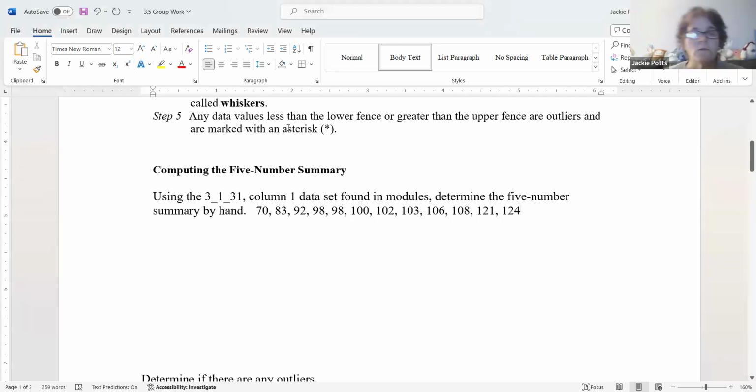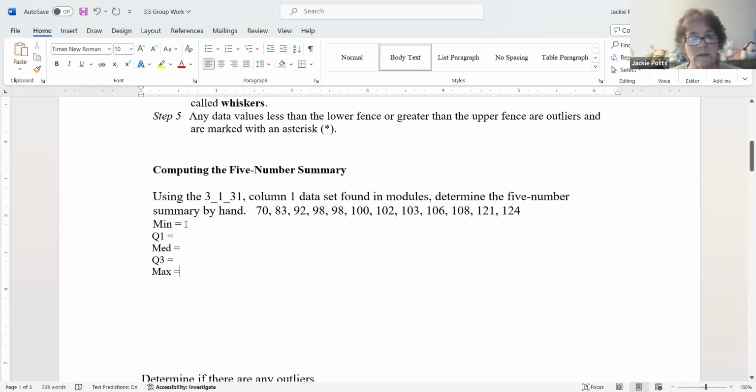All right. So remember how we determined the median? Because the 5 numbers is what I've got to find: the min, Q1, the median, Q3, and the max.